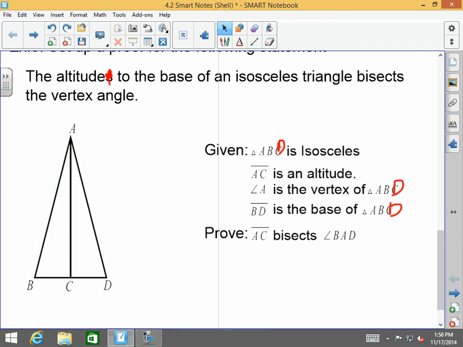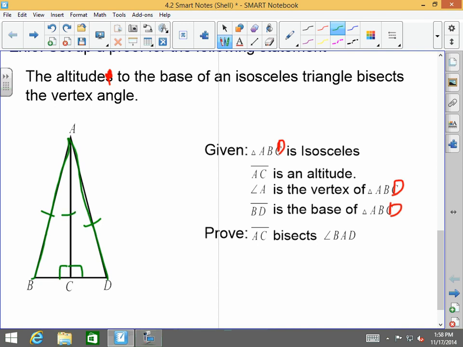Okay. If I know that triangle ABD is isosceles, right? So I know for sure, 100% guaranteed, that AB is congruent to AD. Definition of isosceles, right? If I know as my given, my brother, that AC is an altitude, then I know that angle ACB and angle ACD are both 90-degree angles, right? I could then say that angle ACB and angle ACD are congruent because of the right angle congruency theorem. Right angles are congruent.